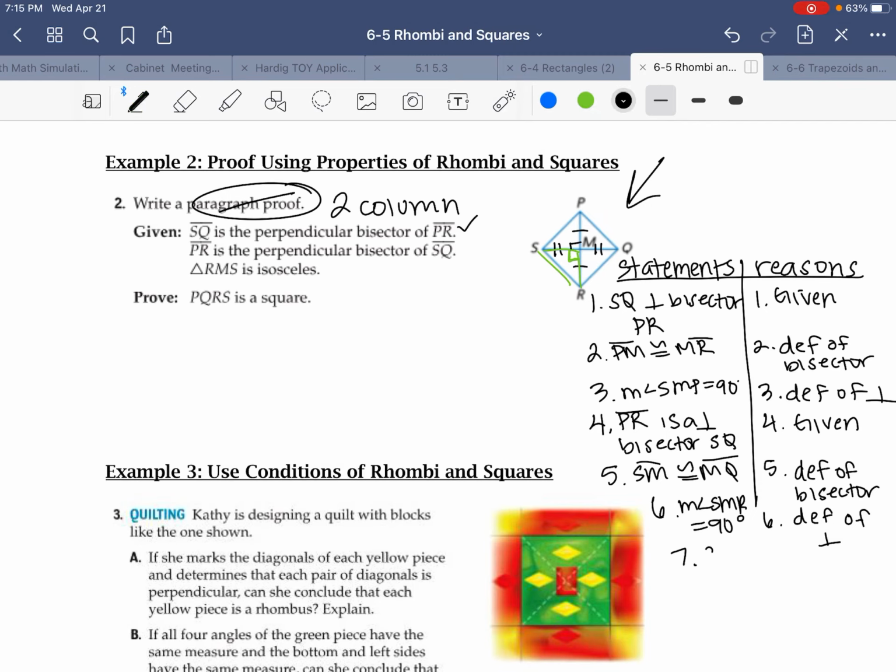So we know that SM is congruent to MR because definition of right triangle.